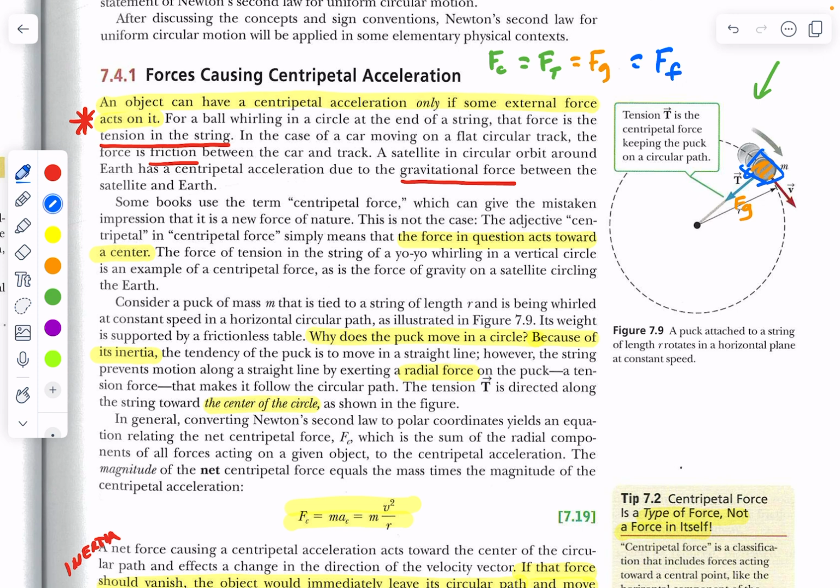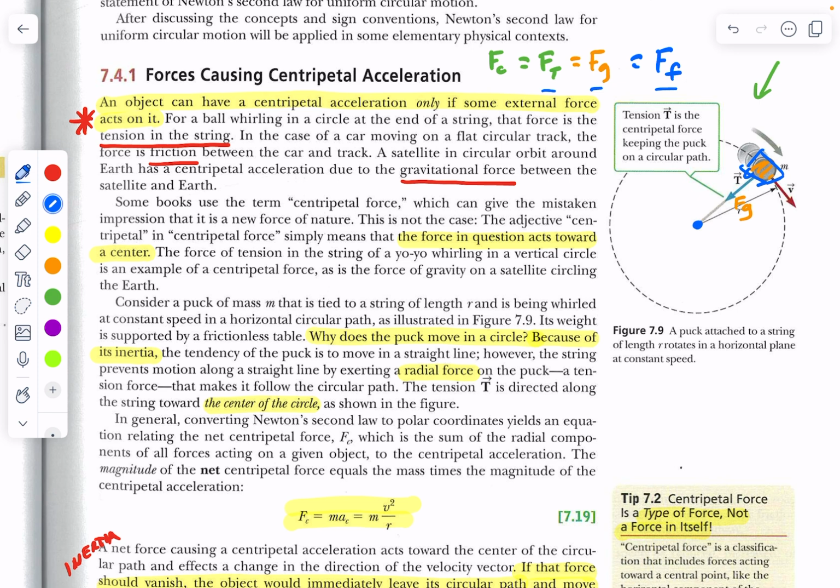It's the friction. So the centripetal force is not a new kind of force, but depending upon the problem, it could be the force of tension, the gravitational force, the force of friction, whatever the force is that's holding that object in its circular path as it goes around some central point.